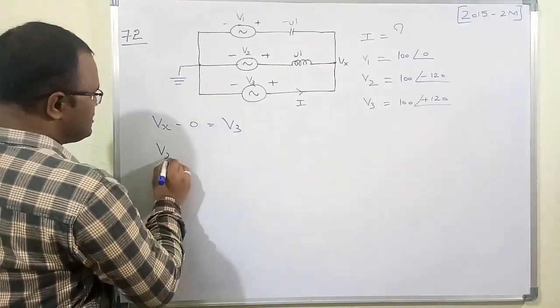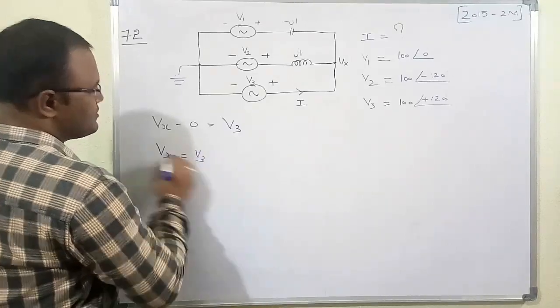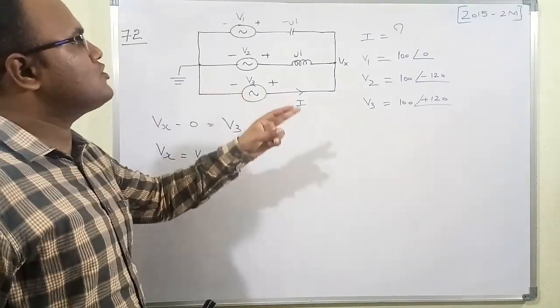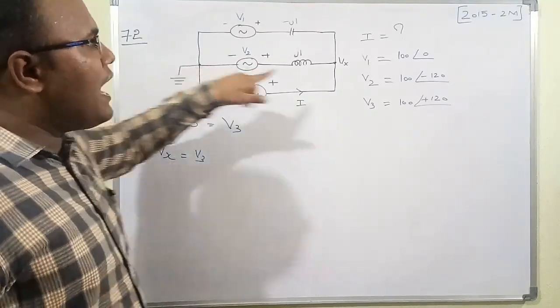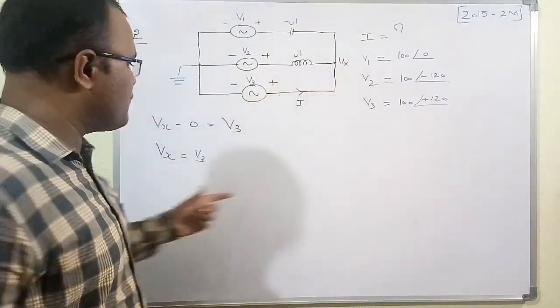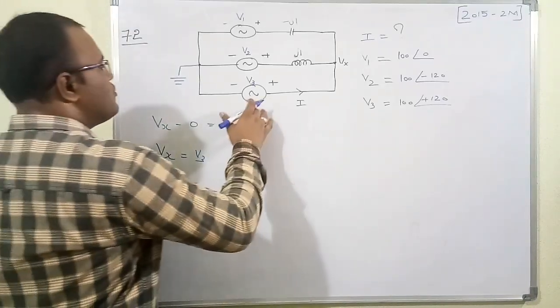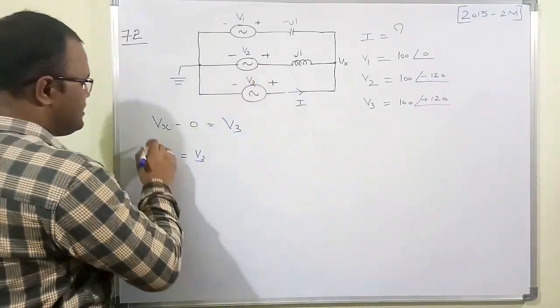So Vx is equal to V3. Out of 2 nodes, one is the reference node with potential 0, and the other node voltage is equal to the supply voltage of the third source, V3.